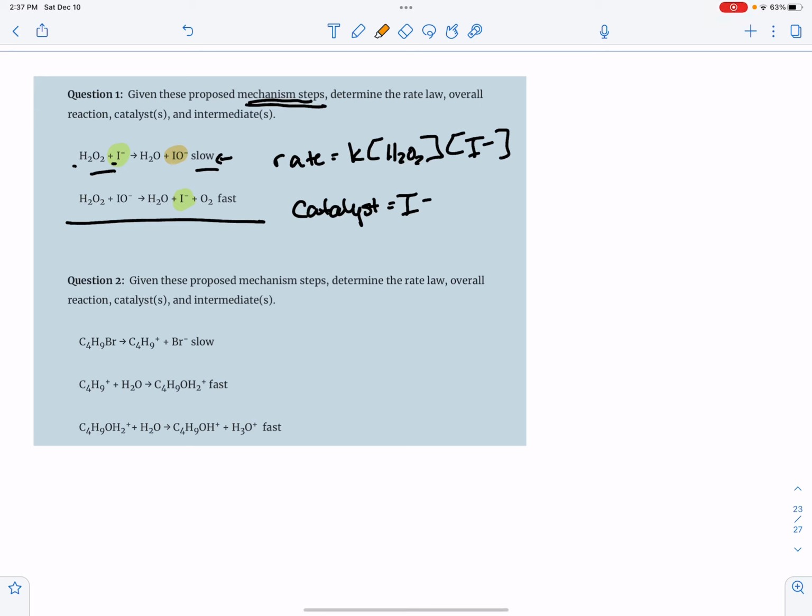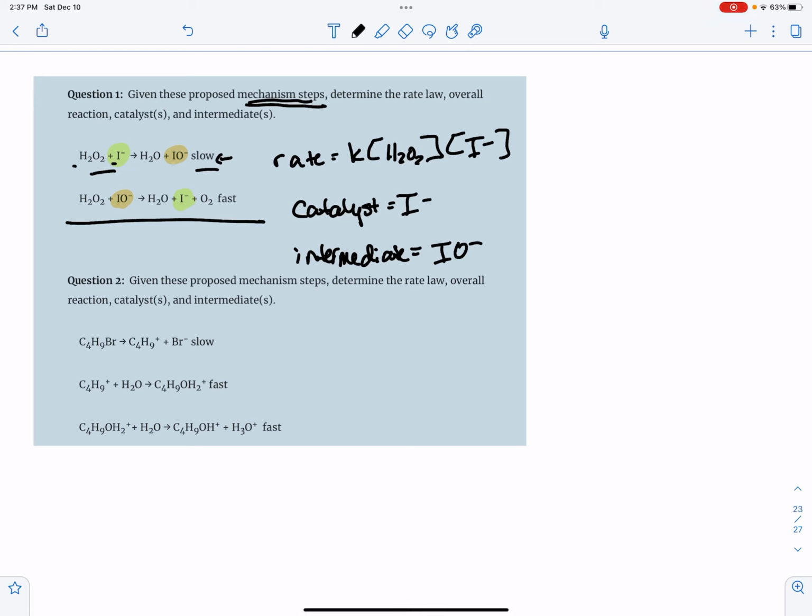In contrast, intermediates are things that you never started the reaction with and you never end it. So you never collect an intermediate. It doesn't exist for necessarily very long at all, but it's what is made and then used up. So yes, they're both things on opposite sides, but they're different kinds of opposite sides.